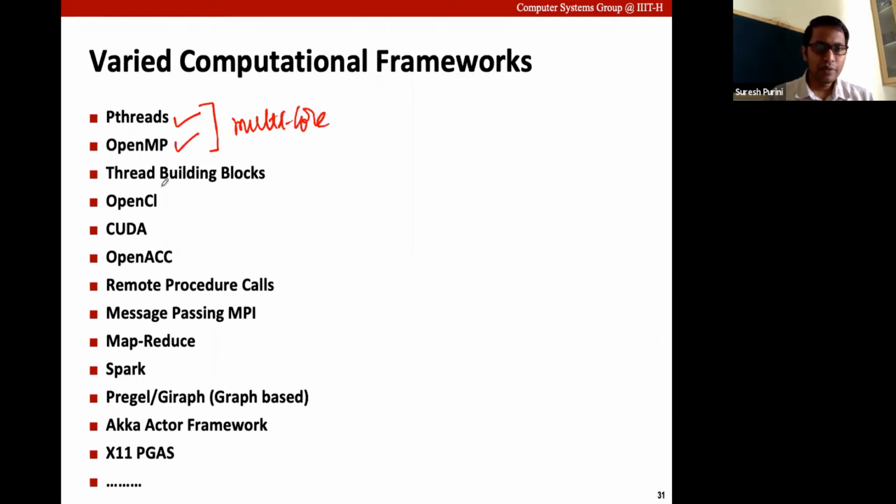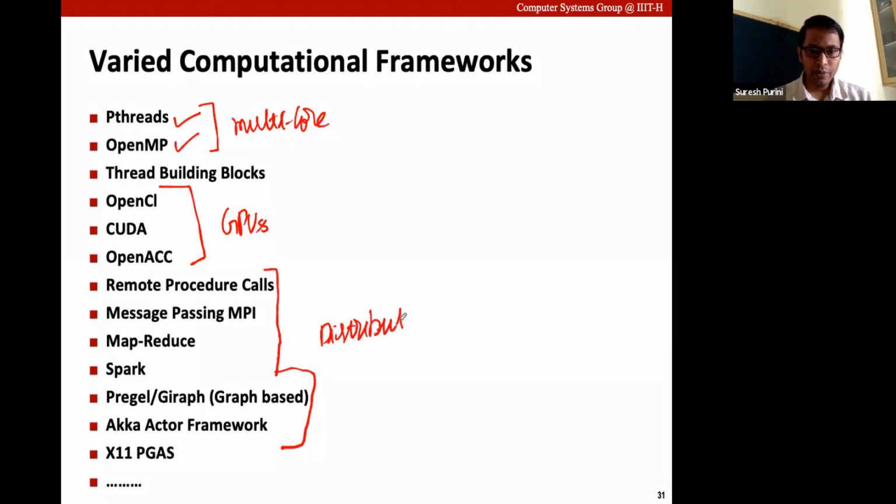And then OpenCL, CUDA, OpenACC could be useful for programming GPUs. And if you think about remote procedure calls, message passing APIs, Spark, Pregel, all these are distributed computing frameworks.